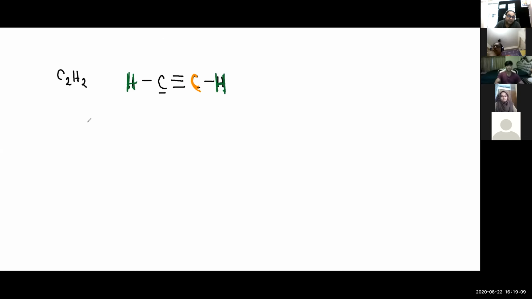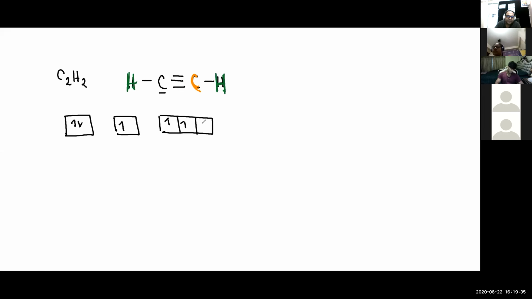The black carbon has 1s2, 2s1, 2p3. So this is the black carbon.